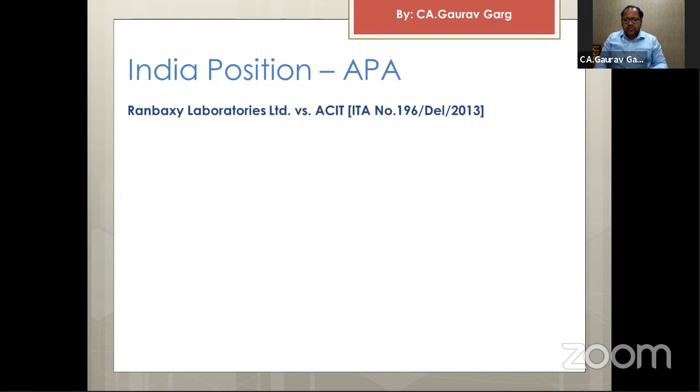Now, in one of the judgments of Ranbaxy Laboratories Limited, ITA number 196 Delhi 2013, Ranbaxy entered into APA with the tax authority. So part of APA was mentioned in the tribunal judgment. And let's see what happened in that APA.